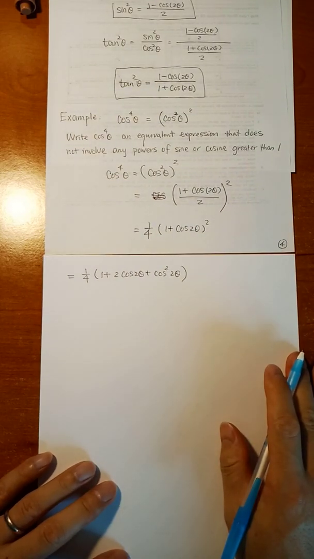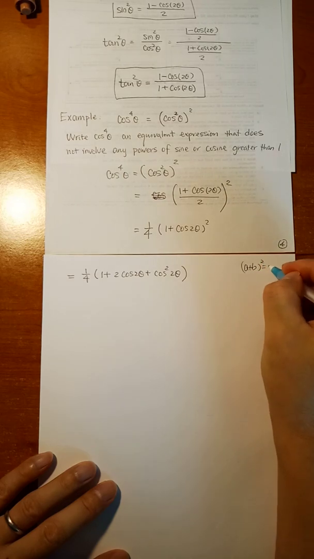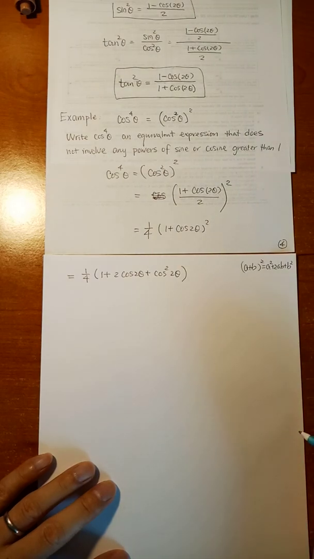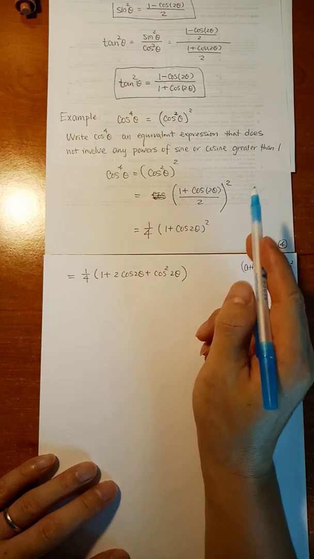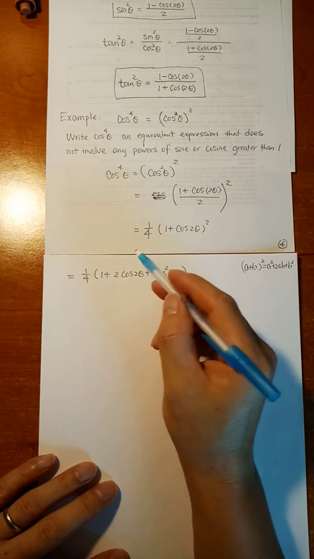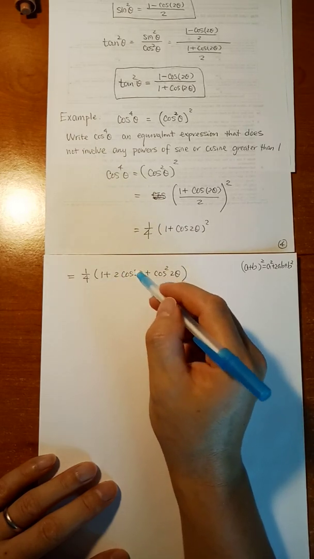Remember that a plus b squared is a squared plus 2ab plus b squared, right? Well, this one has power 1. It's not greater than 1, so this term is already solved. Here 1 is solved. You don't have to do anything about it because it has power 1.